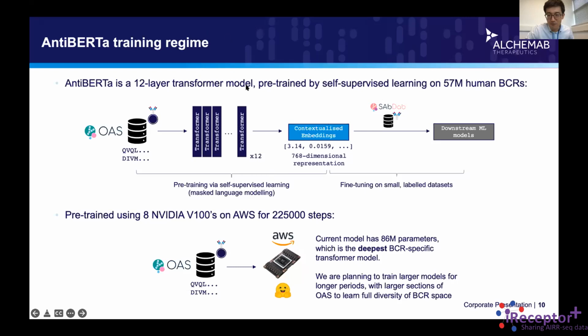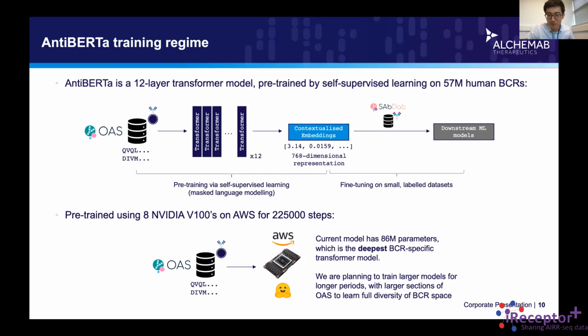That's the idea. Do you think that can limit the output because the SAPDAB dataset is quite limited or small? I'm not sure what you mean by limiting output, but there are so many antigens that the SAPDAB antibodies can bind to. So by specifically training on the SAPDAB dataset, would you be restricting the training?